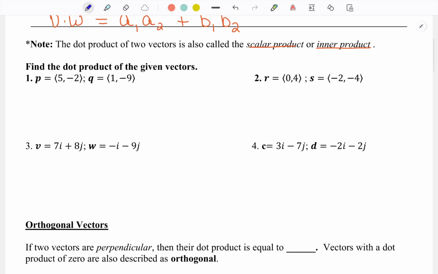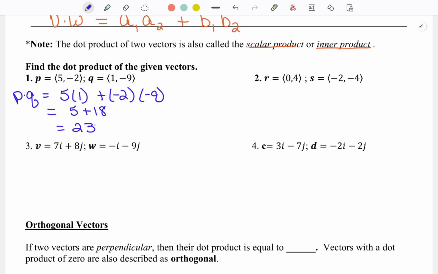For number 1 here, we're going to find the dot product of the given vectors. So for p times q, we are going to have 5 times 1, because those are our a's, plus negative 2 times negative 9. That is going to give us 5 plus 18, which is 23.